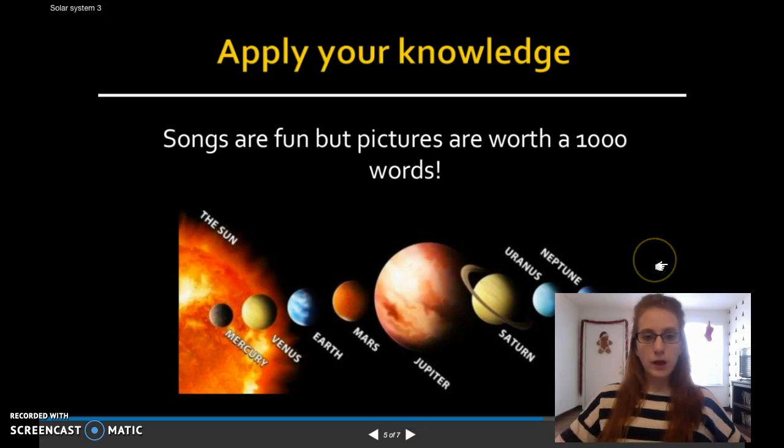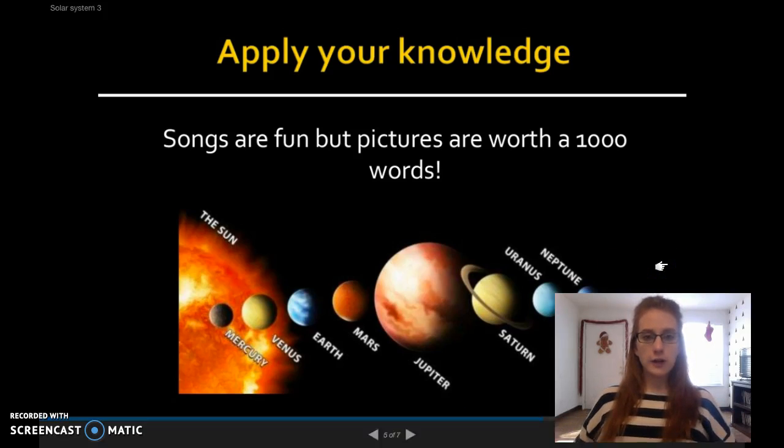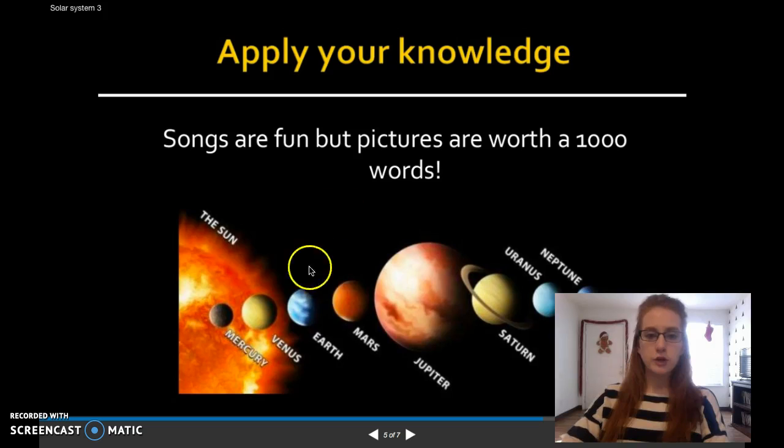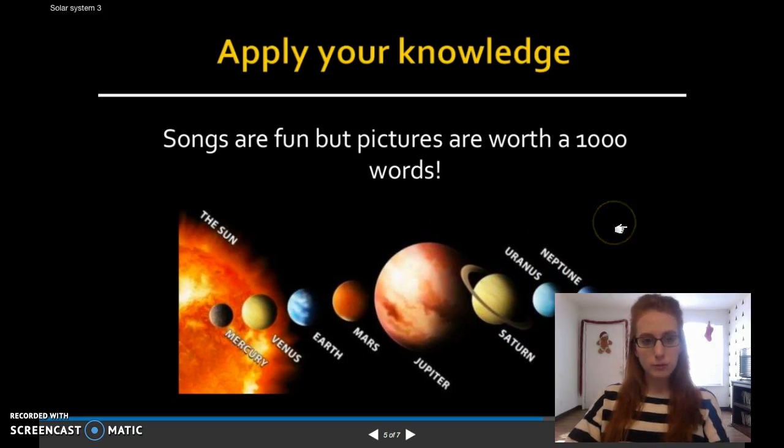Now we have to apply our knowledge. Songs are fun and sentences are fun, but a picture is worth 1,000 words. You will create one of these pictures right here. It probably won't look as good as this because this was on the computer, but that's okay. I want you to draw the sun on one end of your paper and then draw all of the planets in order from closest to the sun to farthest away and label each one of them like they have here.